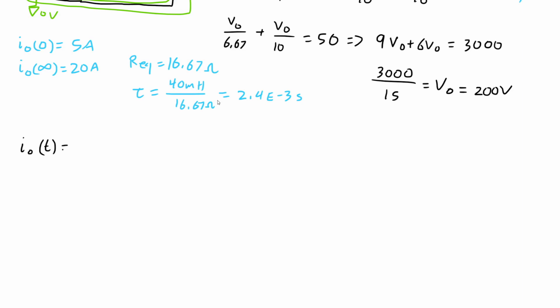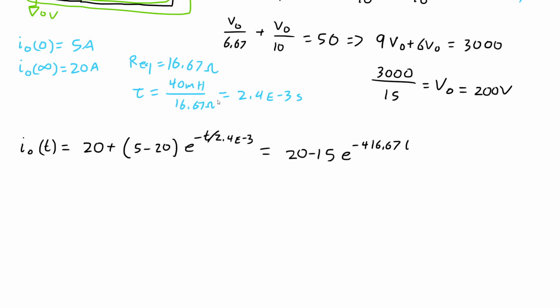IOT equals the infinity current, so 20, plus, let's see, 5 minus 20, e to the minus t over tau, which is 20 minus 15 e to the minus 416.67 t.